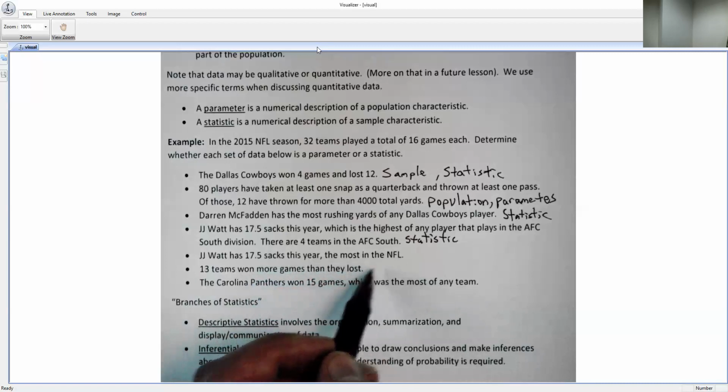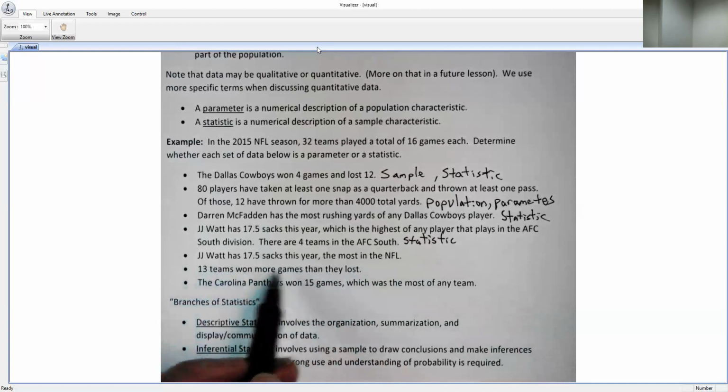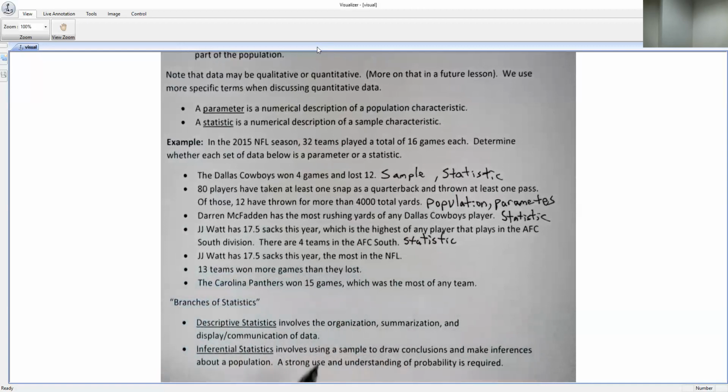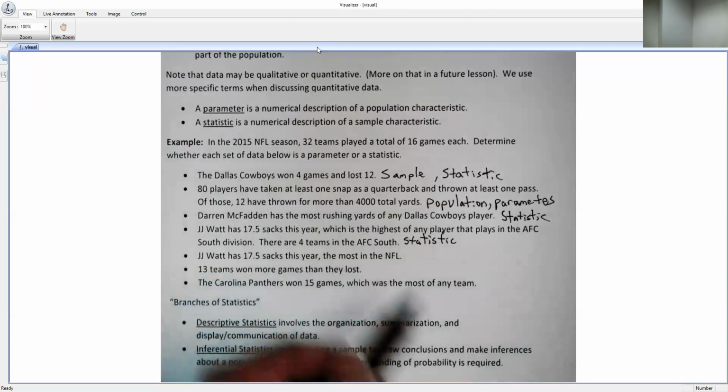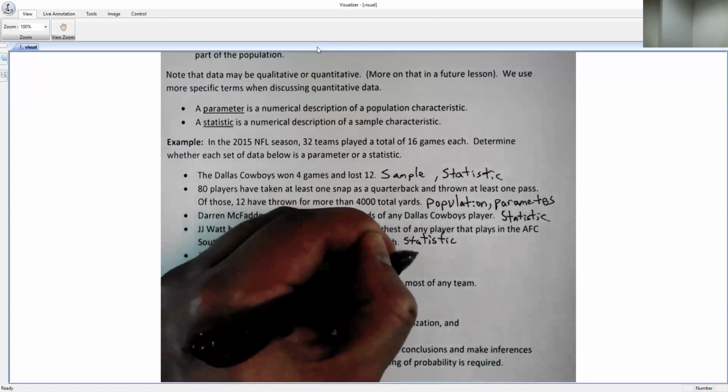So I've measured something about the entire season. I've measured all the players who have sacks, and then J.J. Watt was the highest of all those players. So even though the information is the same, notice 17.5 sacks in both cases. In the first case, since that was a measurement of only 4 teams, it would be a statistic. In the second case, we're measuring something about every team. Even though the measurement's the same, this is now a parameter.